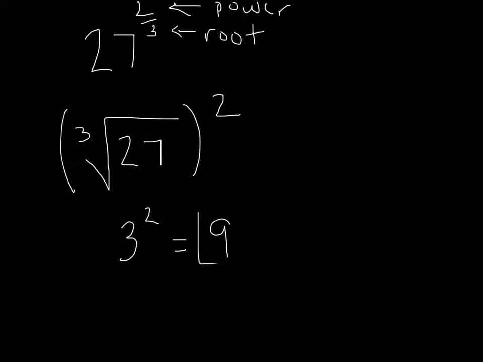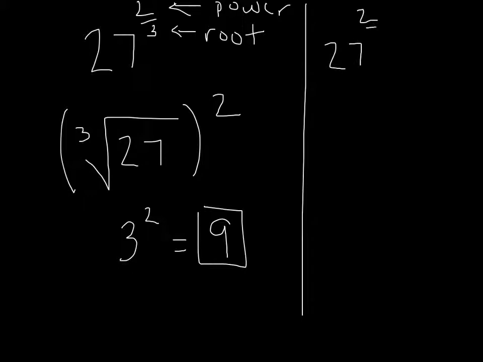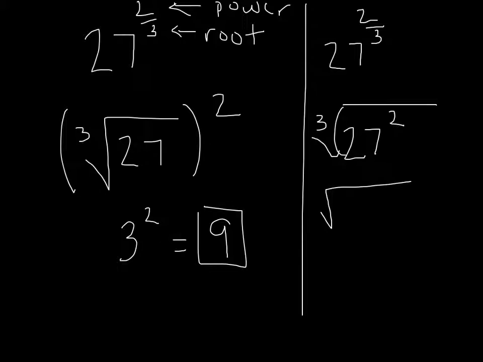And that's our answer. Now, notice, let's do this problem again right next to it. We could have done 27 raised to the 2/3. We could have done the power first, but that's not as much fun. Let's change that to a radical sign, because it makes me have to grab my calculator, because I don't know what 27 squared is, but when I do my calculator, it is 729.